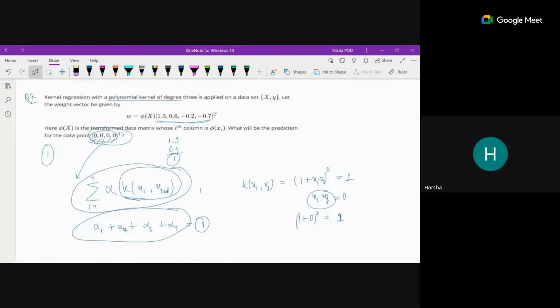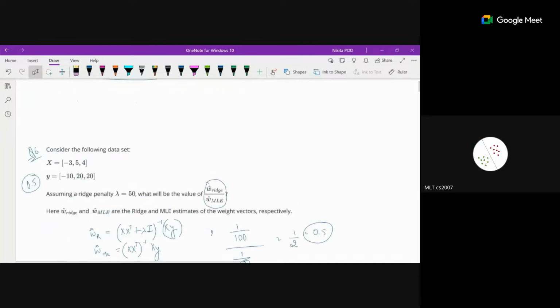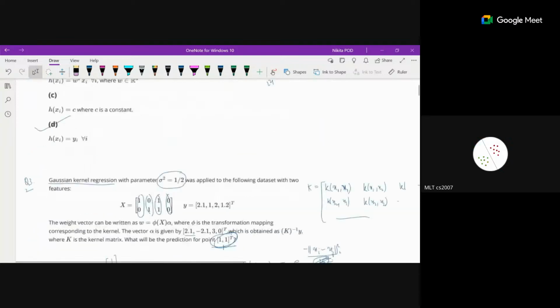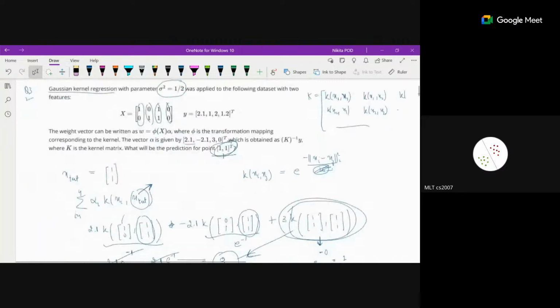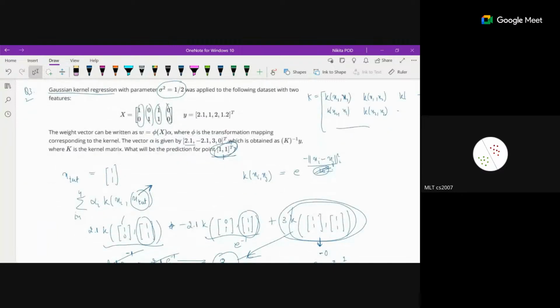Can you please go back to that question, the exponential one, this one? This third one, how did you get 1111? Because your X3, now you have to do X3.